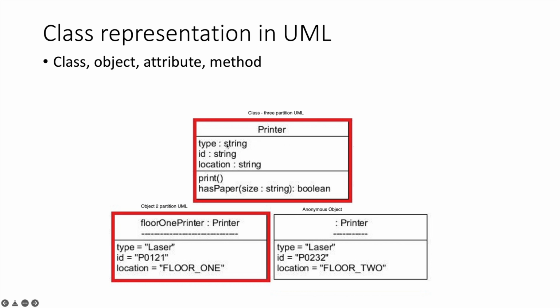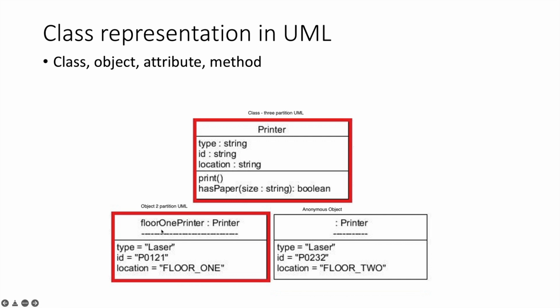In a class we have the attributes as key value pairs, with the key being the name of an attribute and the value being the data type of that attribute. Of course there is going to be a separate partition for operations associated with that class. Whereas an object also is represented like partitions in UML, the only difference is the object name is given, colon, the type of object to which it belongs.